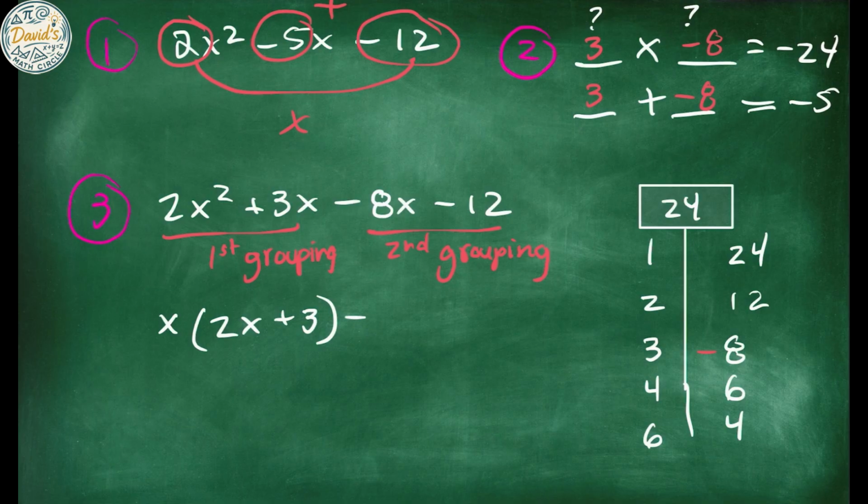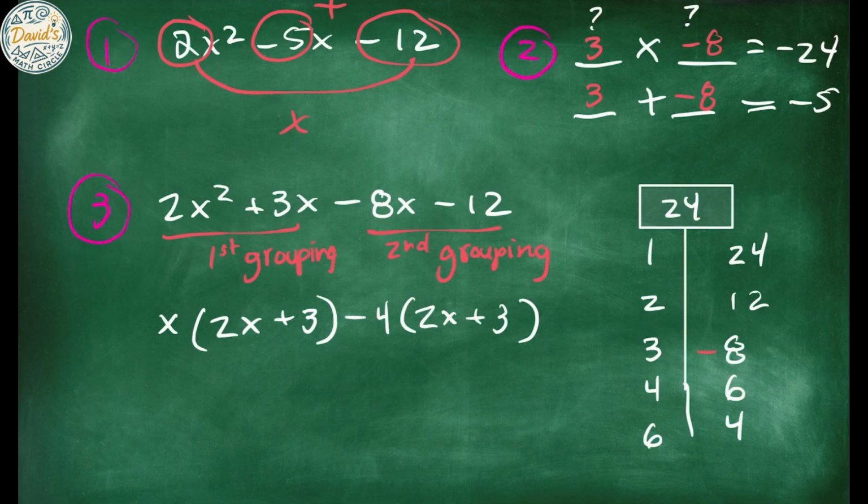The greatest common factor between 8 and 12 is 4, and I have no common factors in the variables, so it's only 4. Between the brackets, we have to think about 4 times what will give me 8x, which is 2x, and 4 times what will give me the minus 12, which is plus 3.